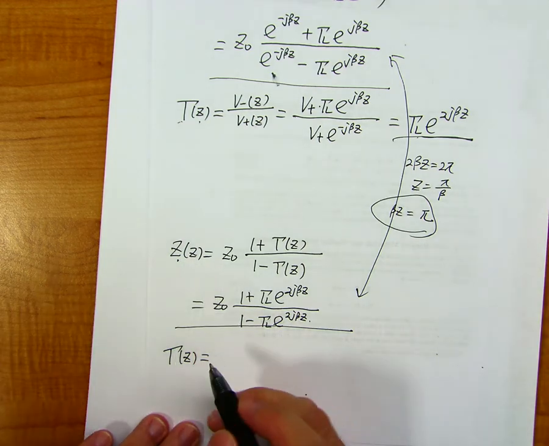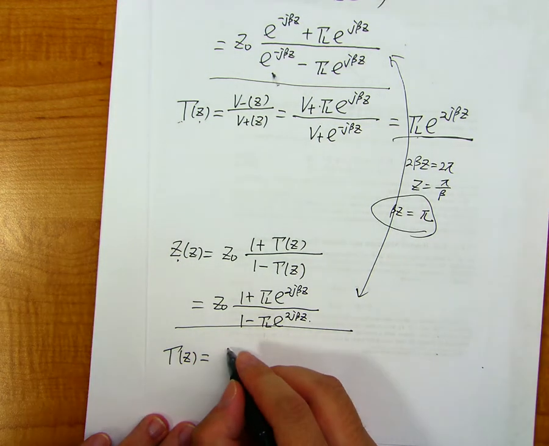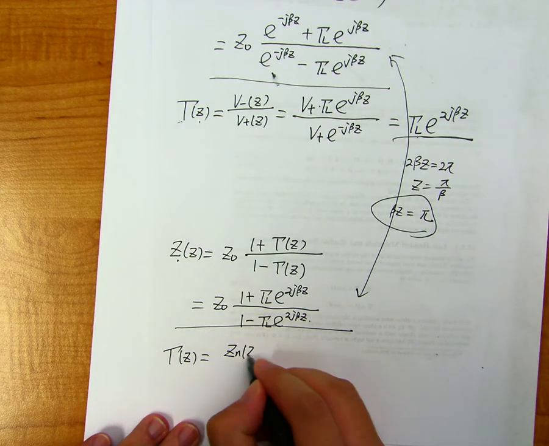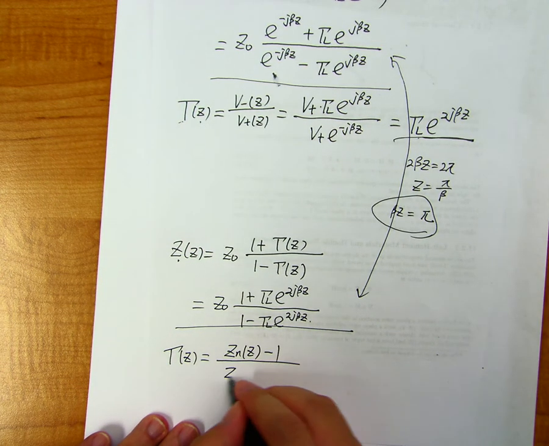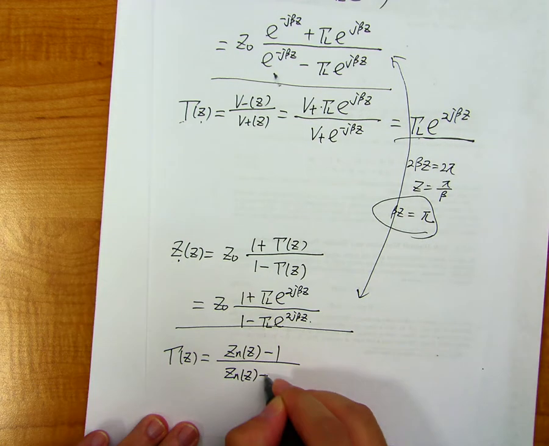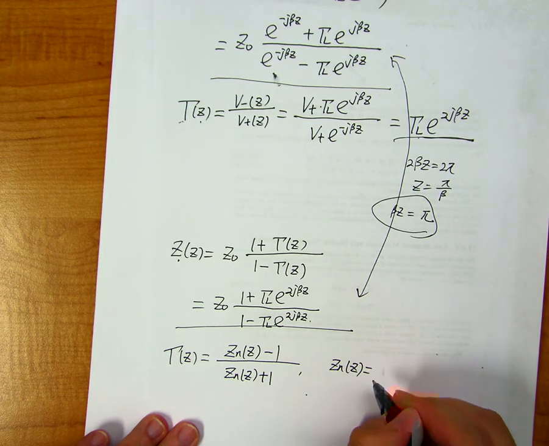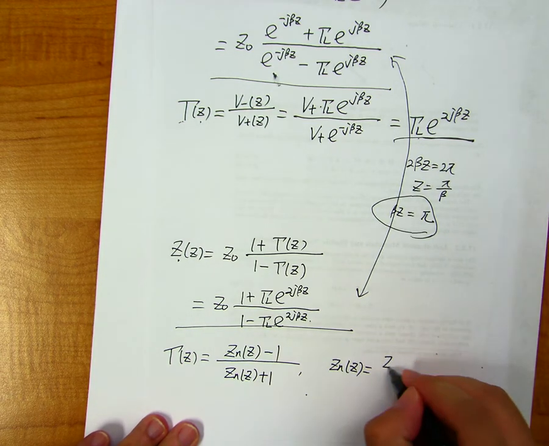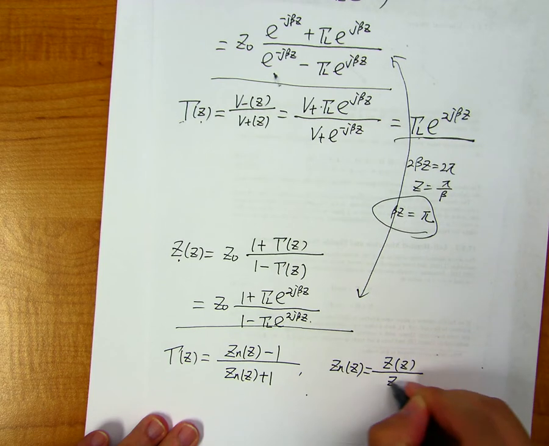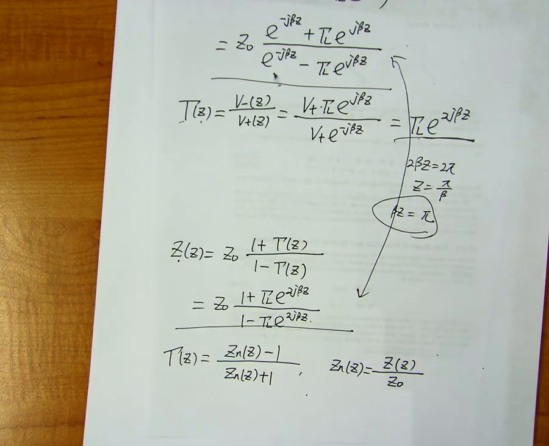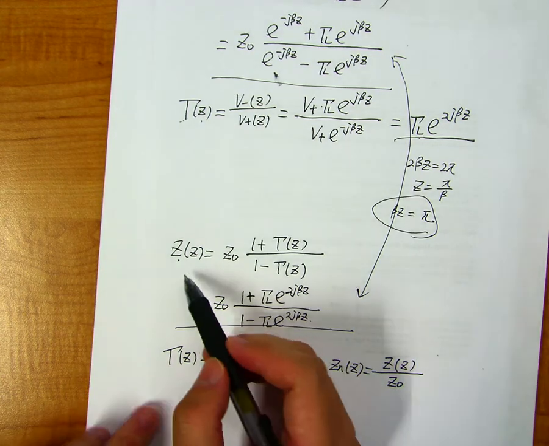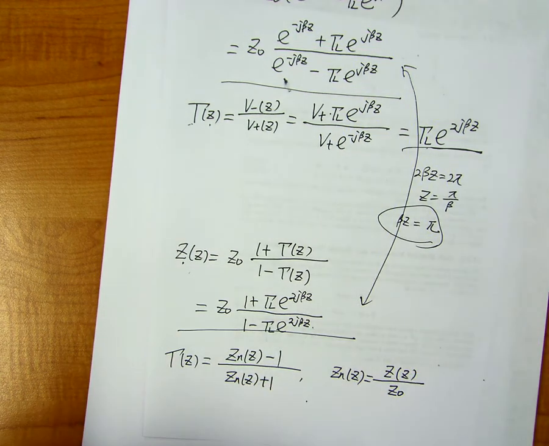So gamma z is equal to (Zn of z minus 1) divided by (Zn of z plus 1), where Zn of z is the normalized input impedance, which is Z of z over Z naught. So if we get either the input impedance or the reflection coefficient, we get the other. Okay, so they're related to each other.